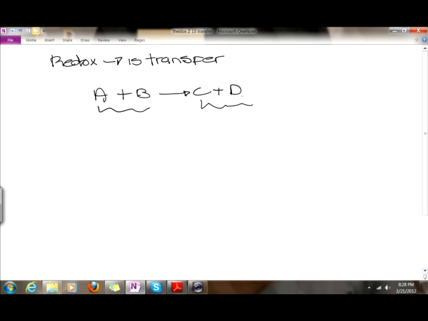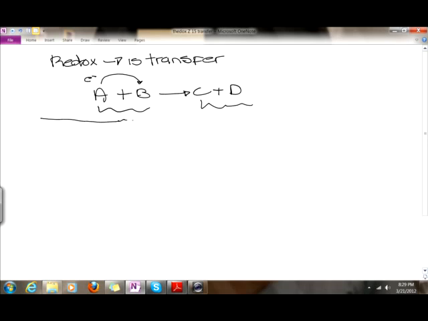You have to have the same number of total electrons on the right side. So if A is losing electrons, the electrons are being transferred to B. And that's basically the main concept of a redox reaction.